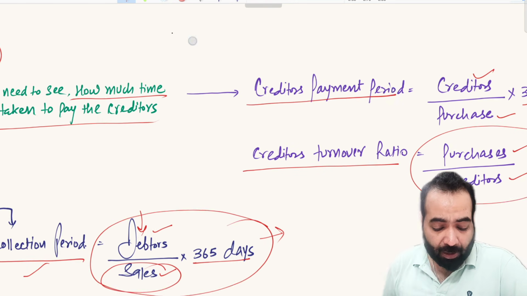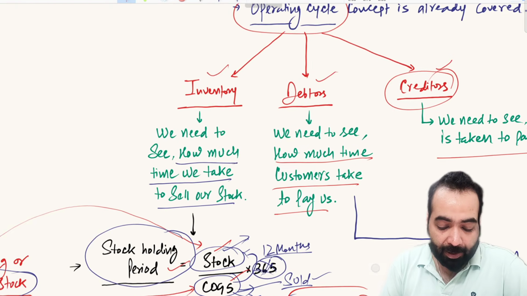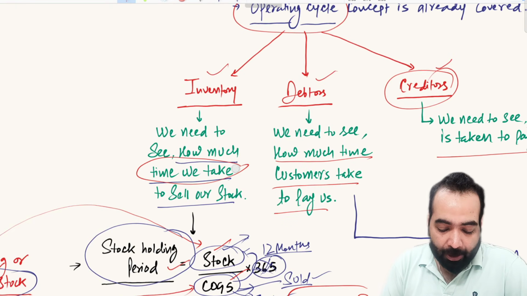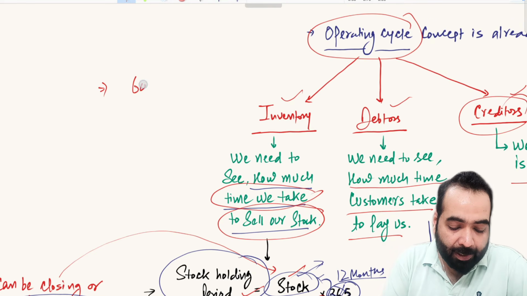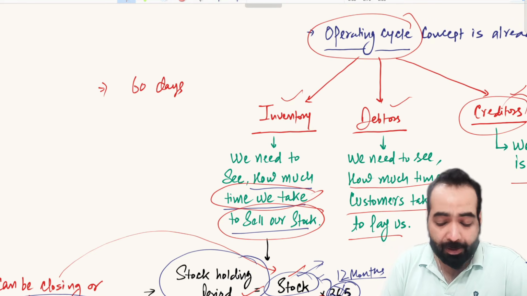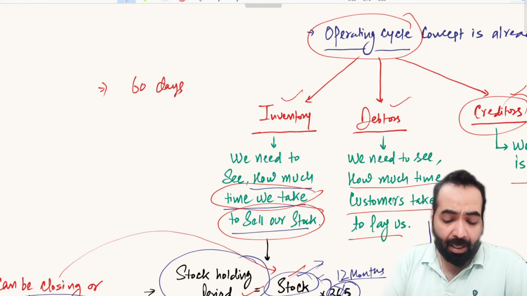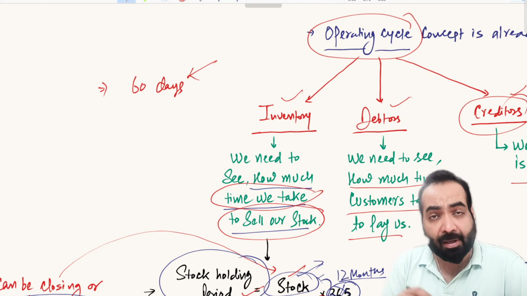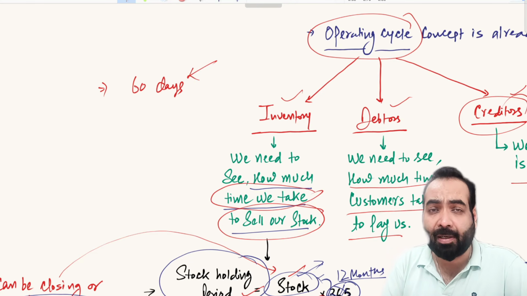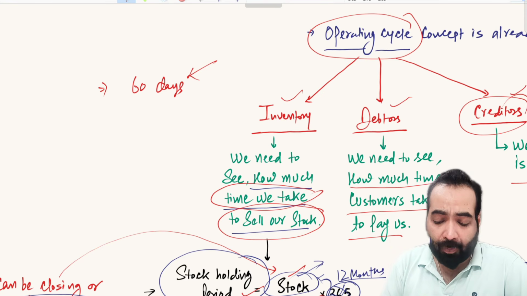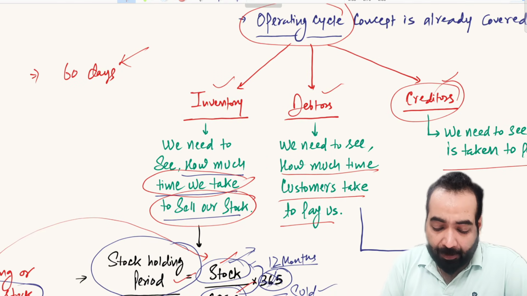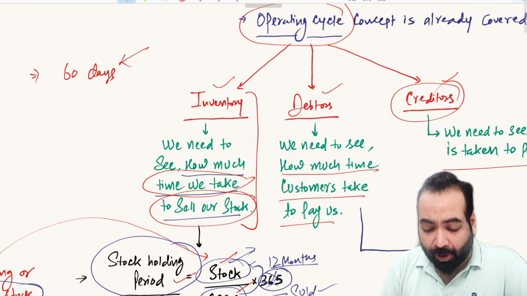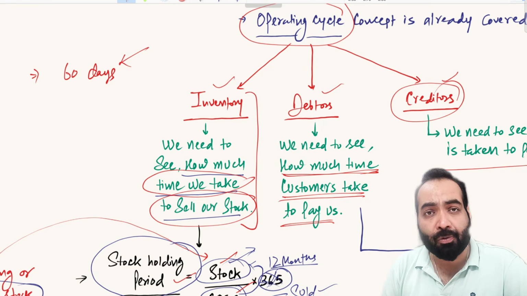So when we compare all these three things, inventory, how much time we take to sell our stock. Suppose the inventory cycle is 60 days, that means your funds remain invested in the stock for 60 days, your funds get blocked in stock for 60 days because you are not able to sell the stock for 60 days, right? Then when you sell the stock, your debtors further take time to pay you.